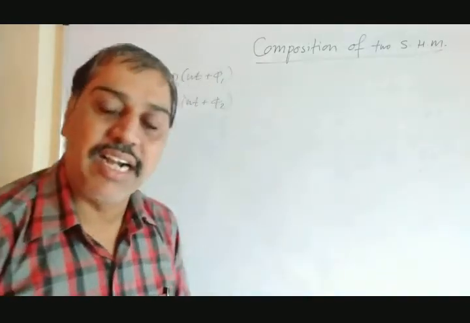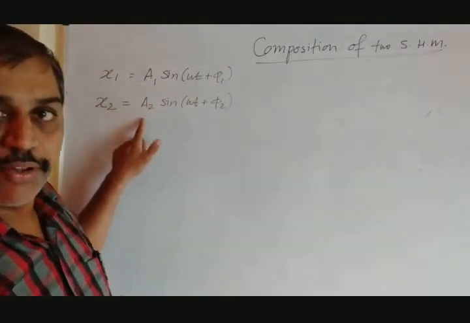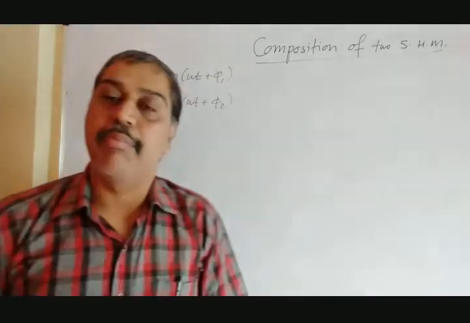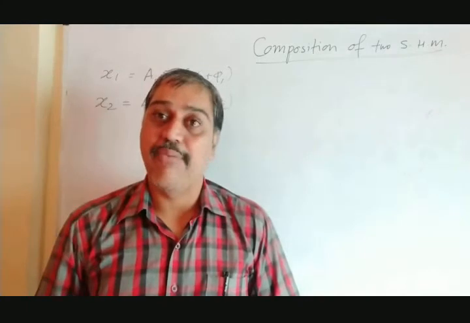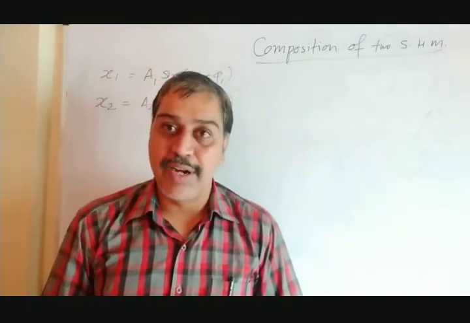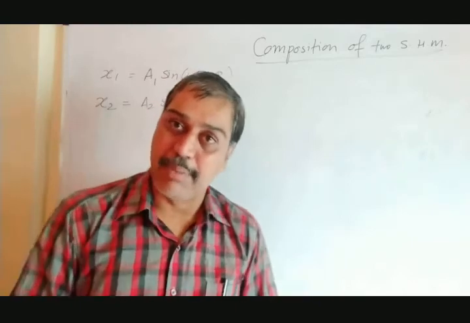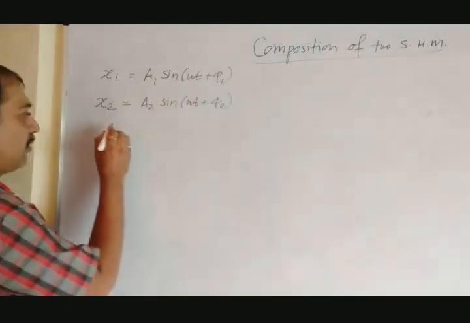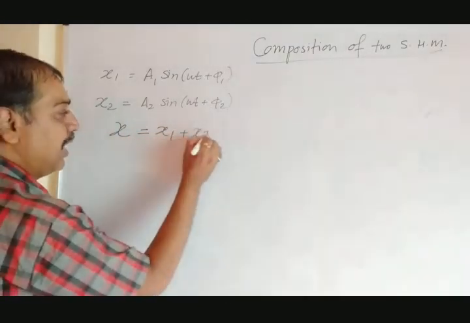That we have to learn under this topic. For that, the resultant displacement: suppose this is the displacement produced by the first particle, and this by the second particle. If we remember, we have seen the principle of superposition of waves. At that time we learned the resultant displacement is the sum of the displacements of each particle produced separately. That formula we will use. So the resultant displacement x equals x1 plus x2.